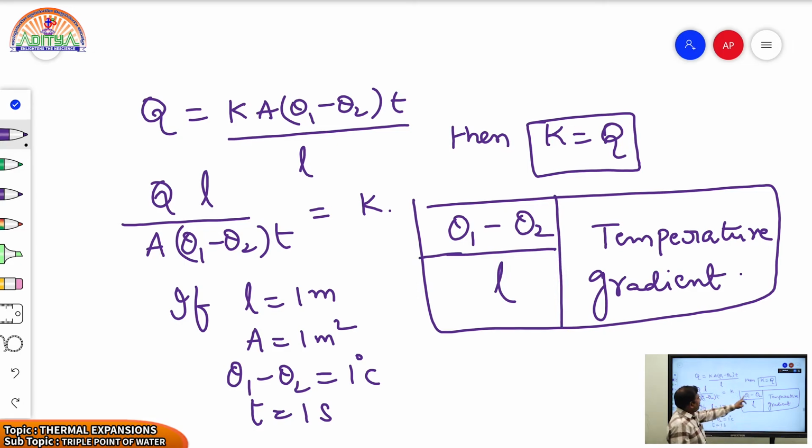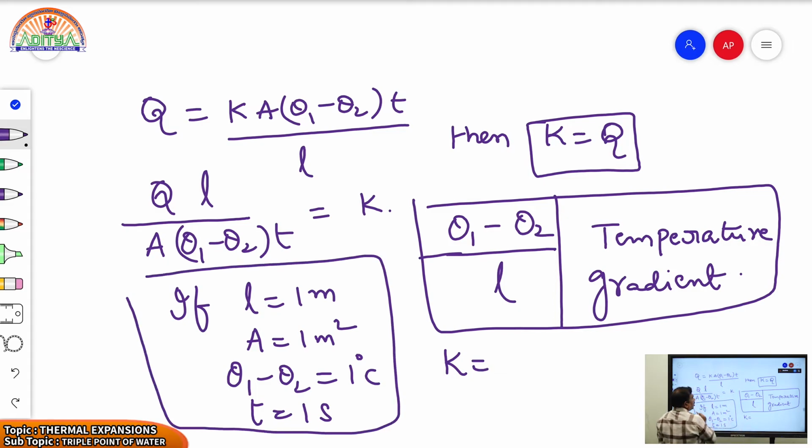If we substitute all these parameters, we can write K is equal to Q.